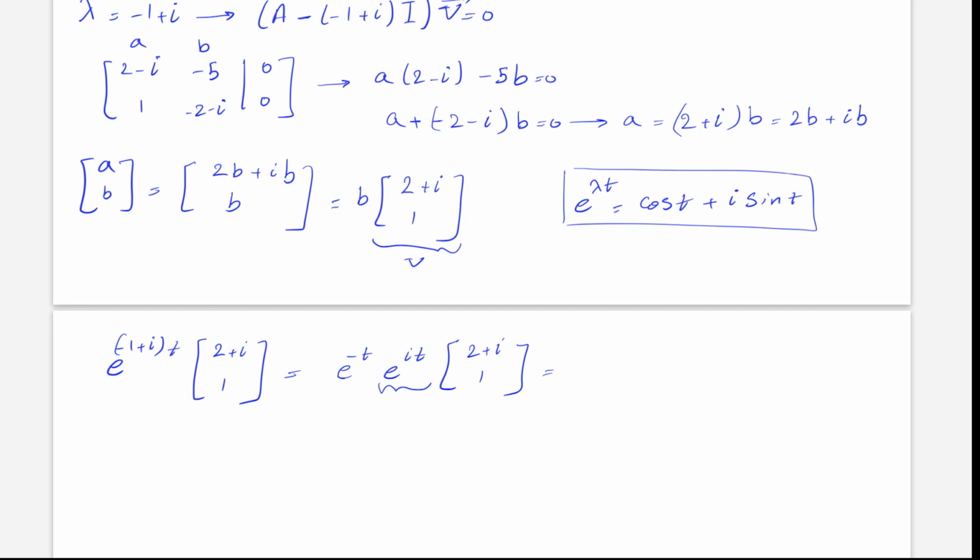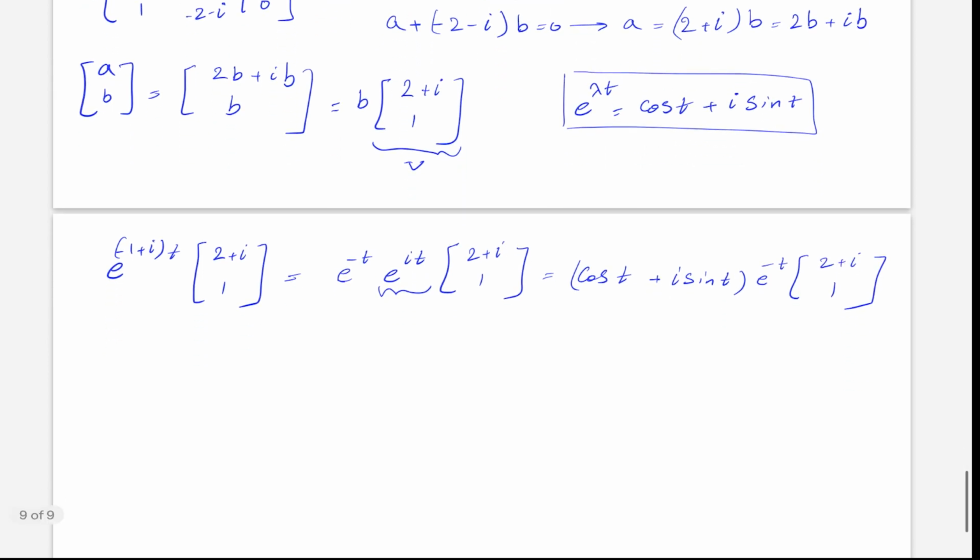I can write it as cosine t plus i sine t, times e to the minus t, times (2 plus i, 1). Now I can expand and distribute.